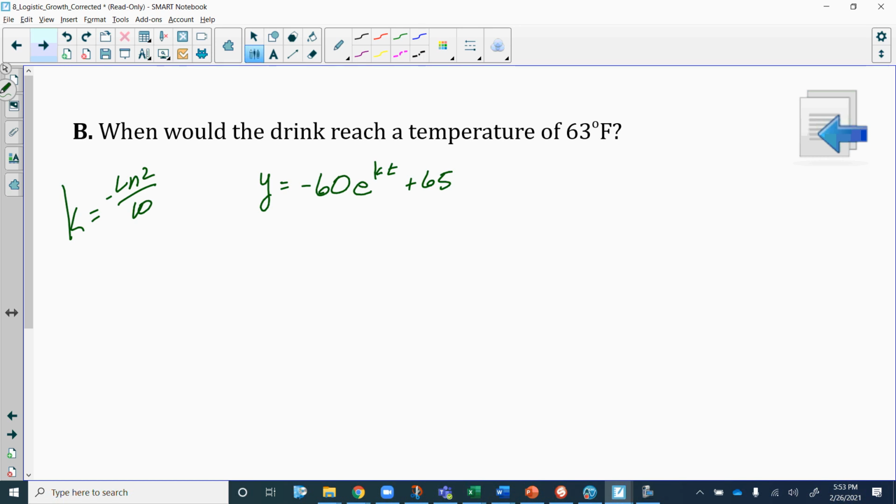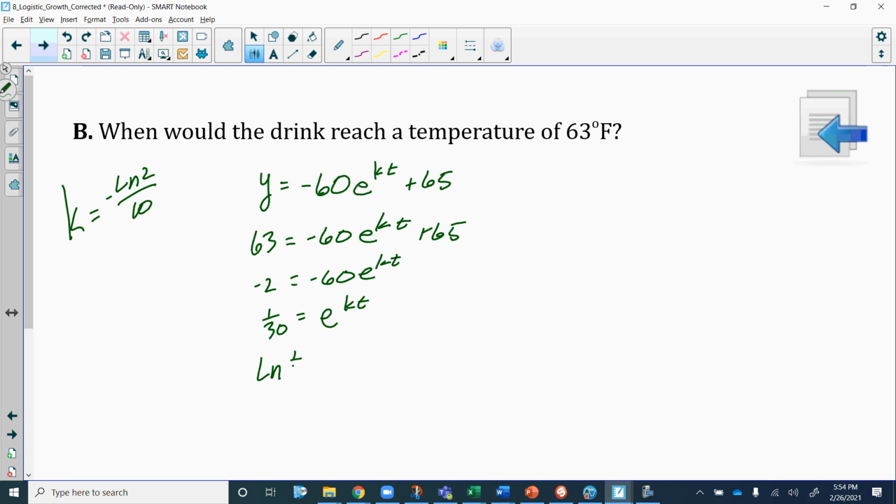So in this case, we're looking to see when it's going to reach a temperature of 63 degrees. So 63 equals negative 60 e to the kt plus 65. Move the 65 over: negative 2 equals negative 60 e to the kt. Divide: negative over negative gives me 1/30 equals e to the kt power. So the natural log of 1/30 equals kt. Now I divide by the k value.